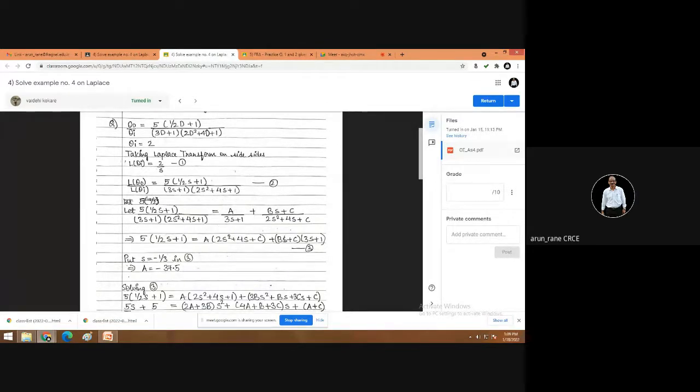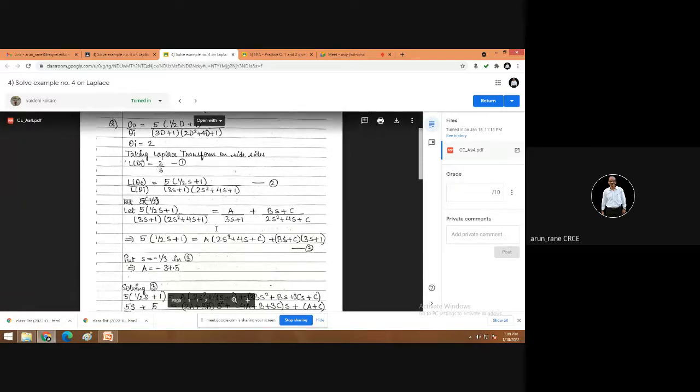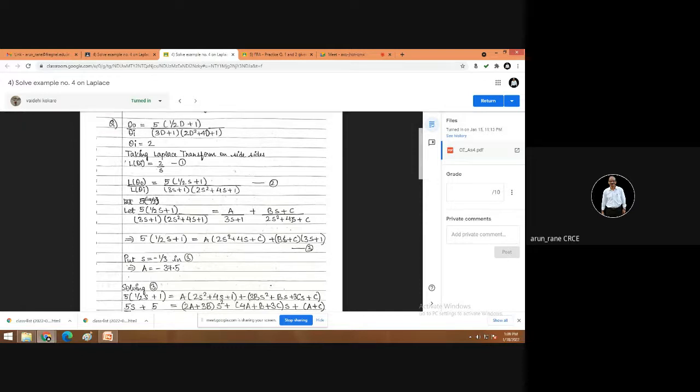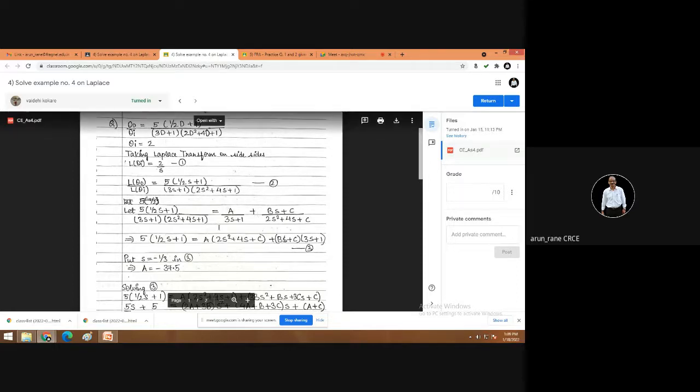Okay, now here you have taken partial fraction. So this is A upon 3s plus 1, and since this is a quadratic equation, this is written in this form, Bs plus C over the quadratic. Okay, so now cross multiply.